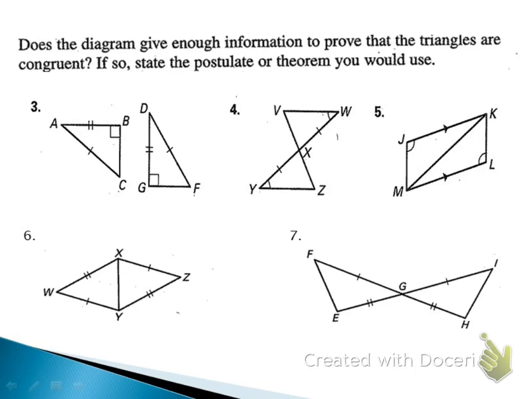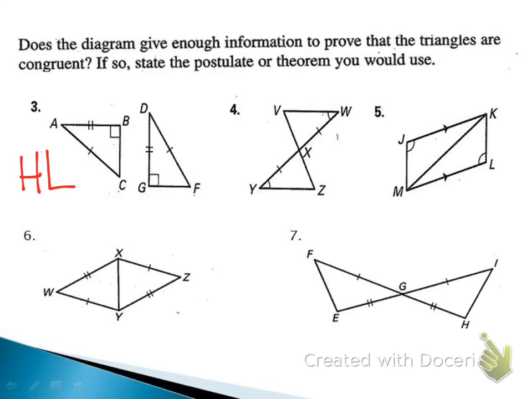It is not none. What am I given? Right angles. Anytime you see right angles, you should check HL. Does HL work here? Yeah, we know the hypotenuse, we know the leg for each one, so this one is a yes by HL. If you want to put yes, you can. If you want to just put HL, that's like assuming that yes, they are.